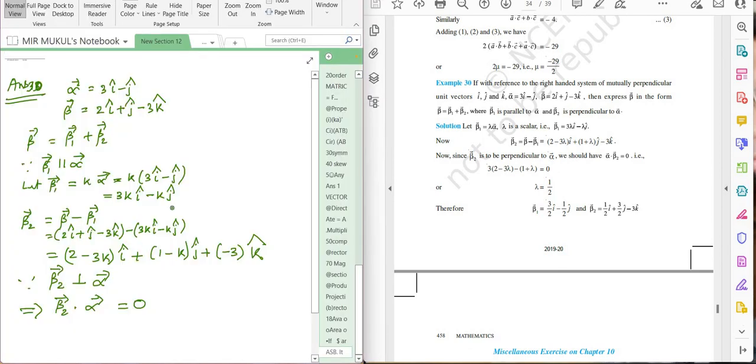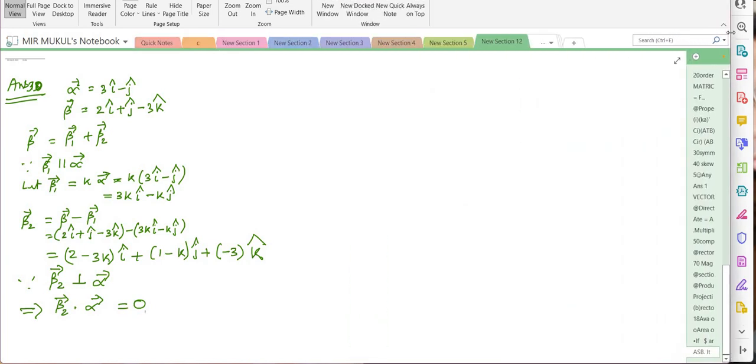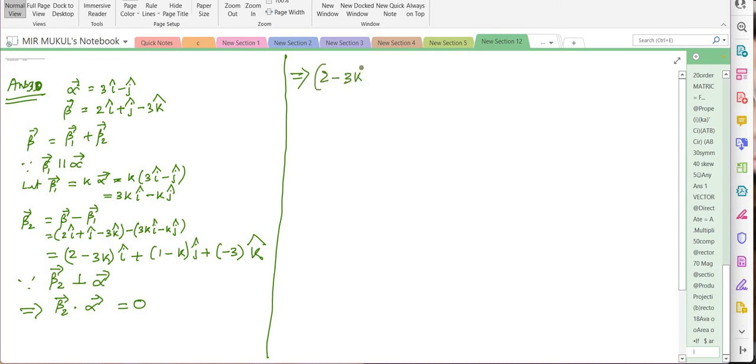So from here we will get the value of k. The dot product of beta 2 and alpha will be 2 minus 3k, and the coefficient of i in alpha is 3, plus the coefficient of j is 1 minus k, and here the coefficient of j is minus 1, and the coefficient of k is minus 3 into the coefficient of k here, 0. That should equal 0.